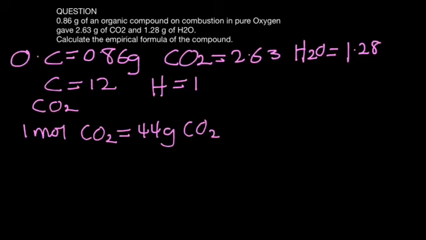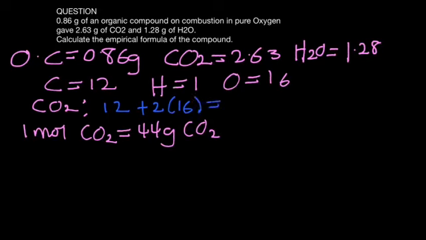Now you might be wondering how we got the 44 grams. Oxygen has a molar mass of 16. So if we calculate that for carbon dioxide, carbon is 12, oxygen is 16, and then we have 2 moles of the oxygen.